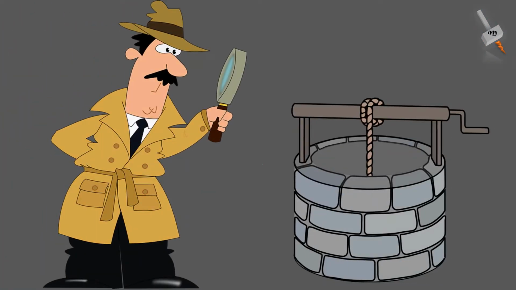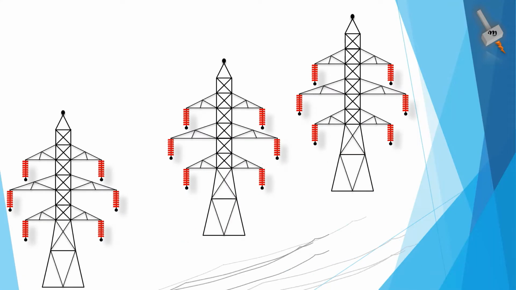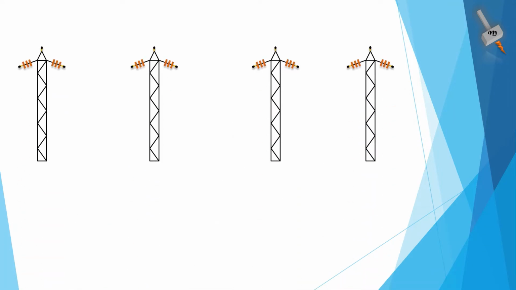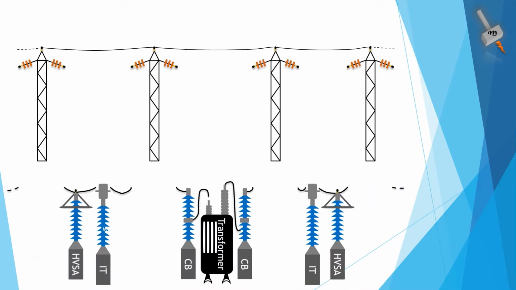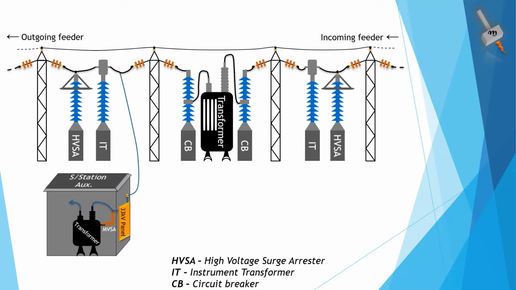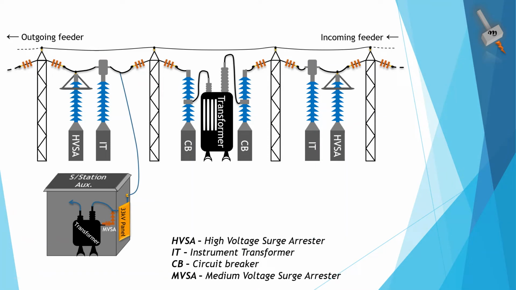Before getting deep into the topic, let's first have a look at the basics. An electrical grid has many types of equipment contained within it. There is a power transmission system for transferring power from generating stations to load centers. There are substations with transformers, switchgear, and auxiliary equipment. All this equipment requires protection under any abnormal situation.